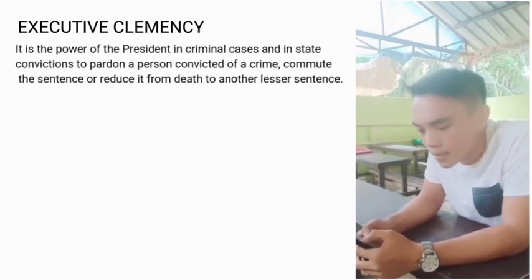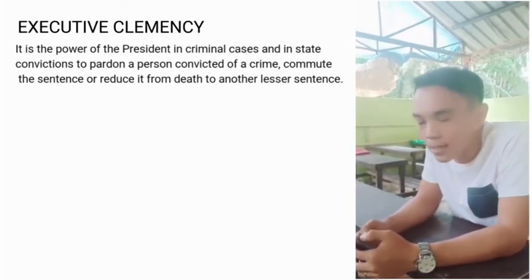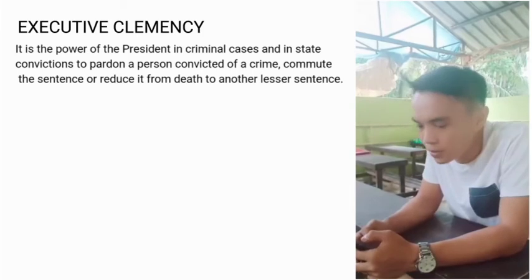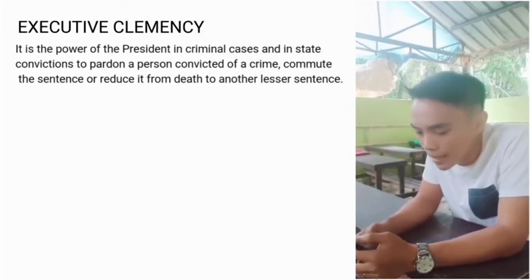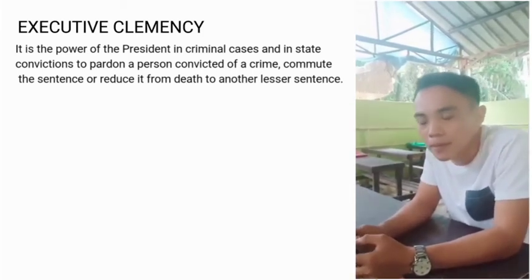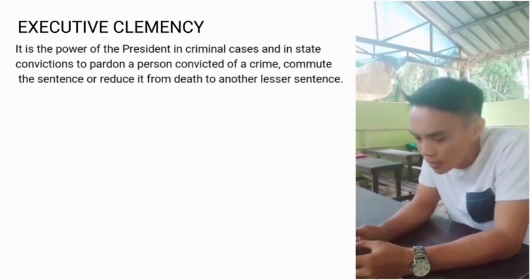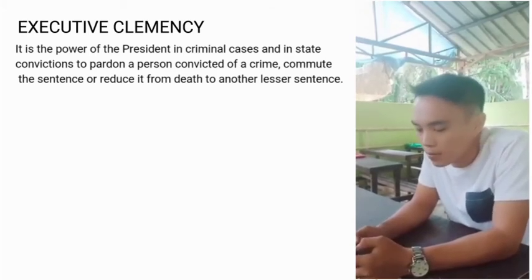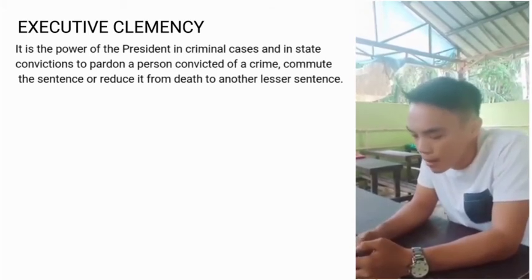Executive clemency. It is the power of the President in criminal cases and in state convictions to pardon a person convicted of a crime, commute the sentence, or reduce it from death to another lesser sentence.